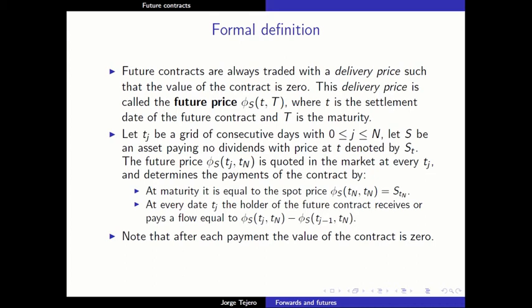See that after each of these daily payments, the value of our contract will be once again zero, as it is equal to canceling the position after the payment and starting a new contract with the new future price. Also note that these contracts have a much more involved structure and therefore cannot be replicated in a straightforward manner as forward contracts can.